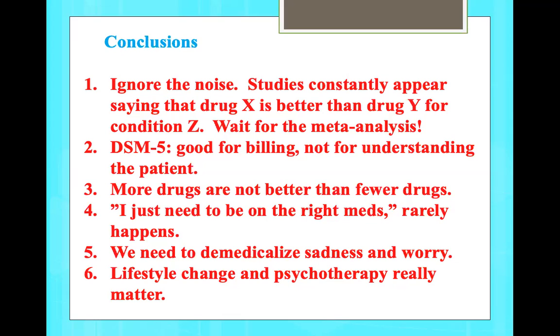So in retrospect, looking at this as a whole, we want to stop thinking about the diagnosis and start thinking about the neural circuitry that we're targeting, and start wondering about what neurotransmitters serve that neural circuitry.